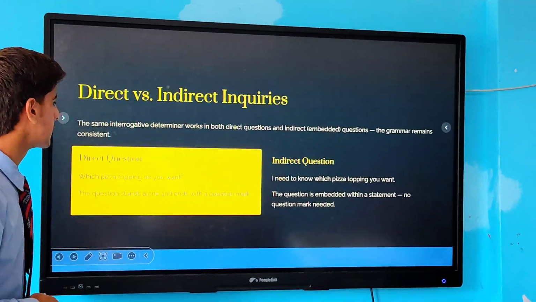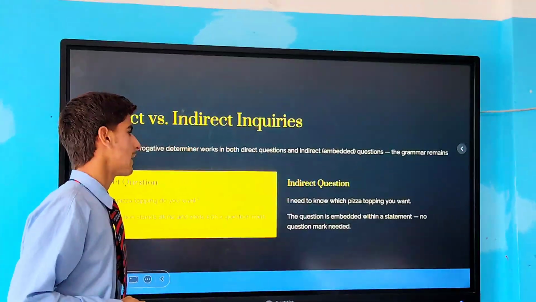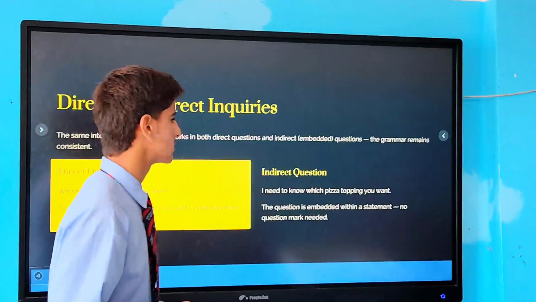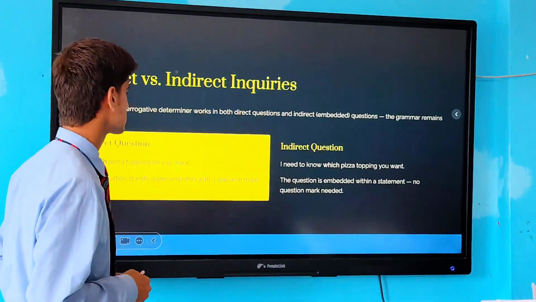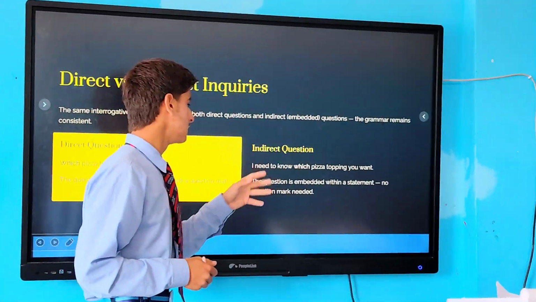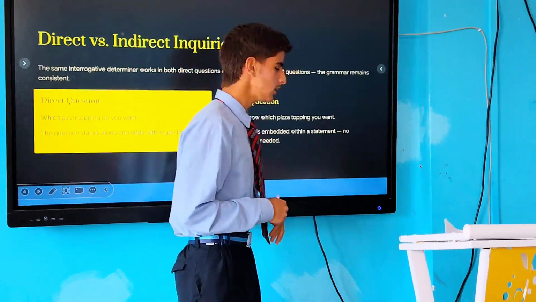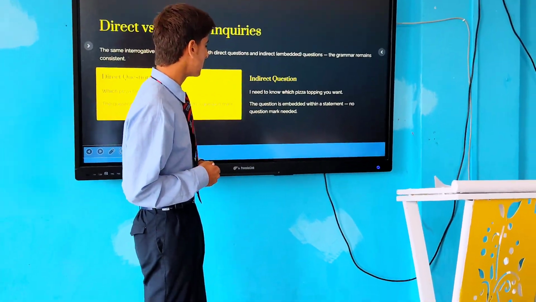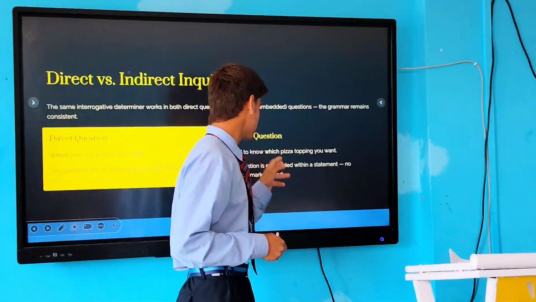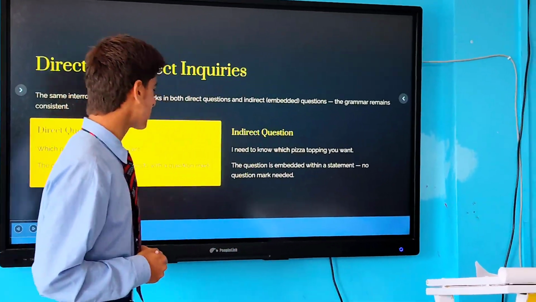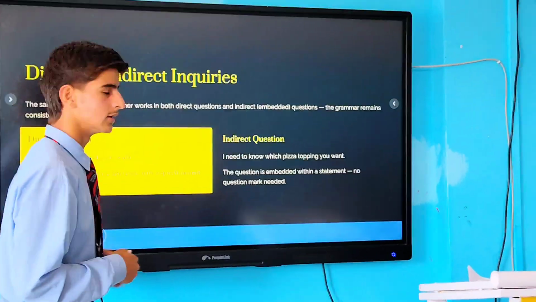So the same interrogative determiner works in both direct questions and indirect questions. The grammar remains consistent. Indirect question: I need to know which topic you want. Here, the question is embedded within the statement, so no question mark is needed.